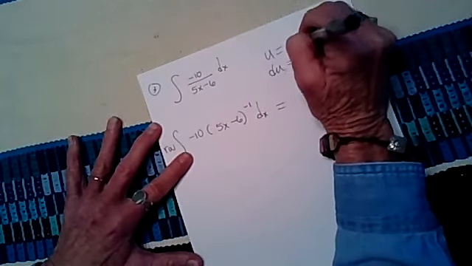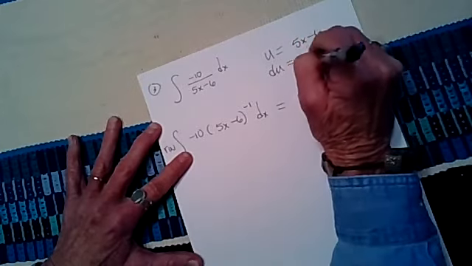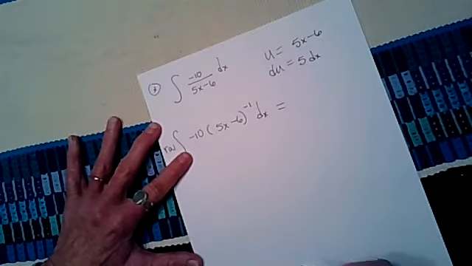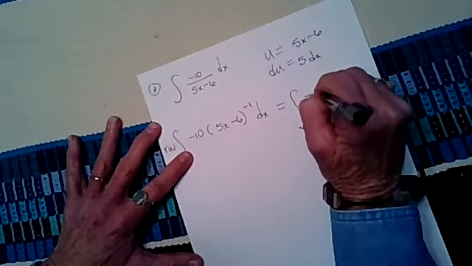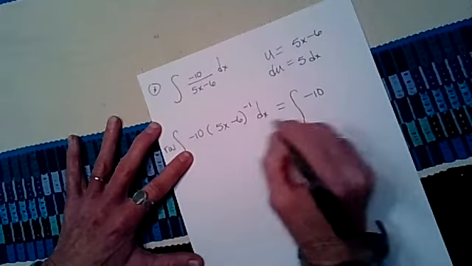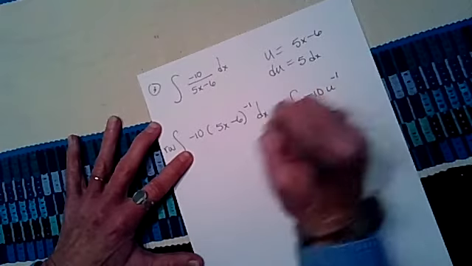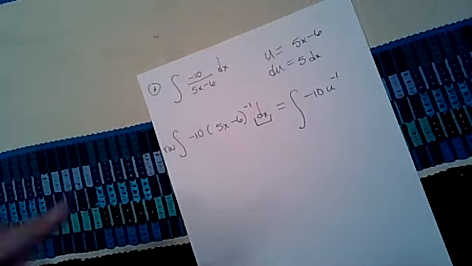It's 5x minus 6, and then the derivative is 5 dx, because my function is with respect to x. So remember, when I rewrite this in terms of u, I'm going to bring my negative 10 over like that, and my u to the negative 1. And then the only thing I have left over here is dx that hasn't been brought over.